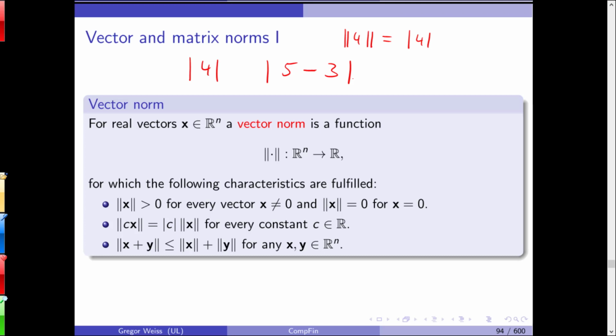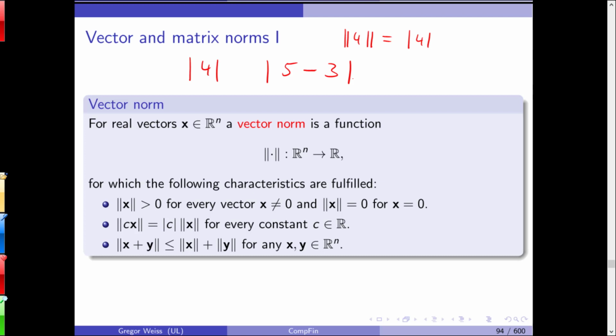Regardless whether you have 3 and 5 or 5 and 3, it's simply the distance. And if you generalize this absolute value, you will get to the concepts of norms and metrics. A norm is simply the distance to the zero, Abstand zum Ursprung. And a metric is the distance between two objects.